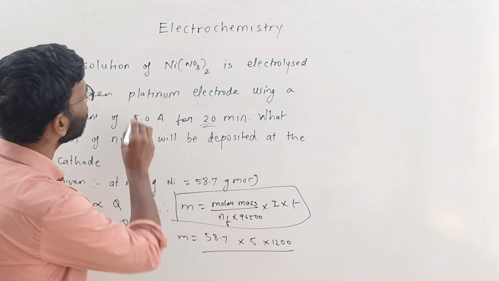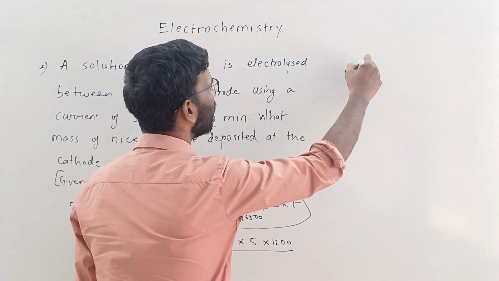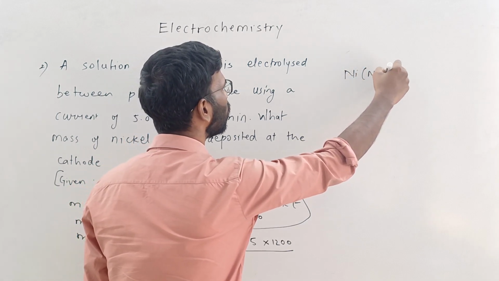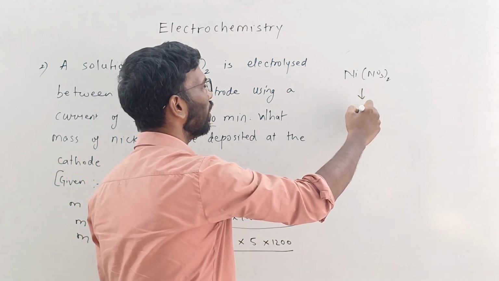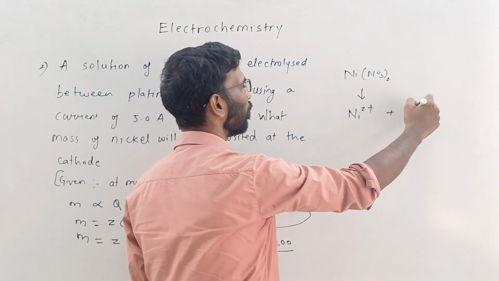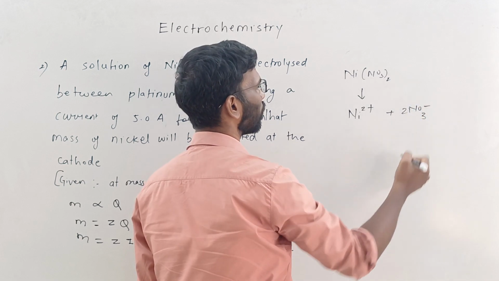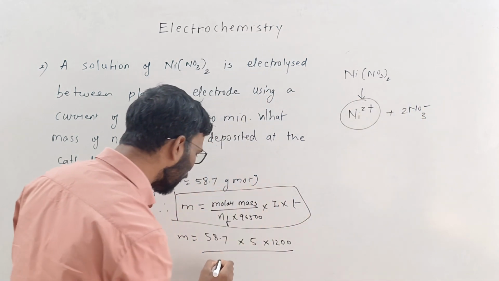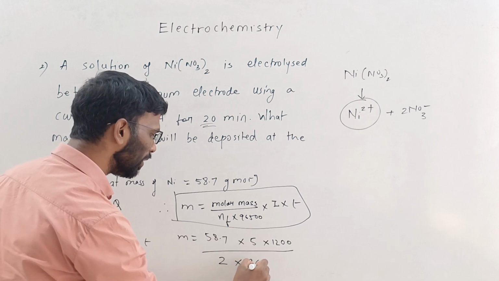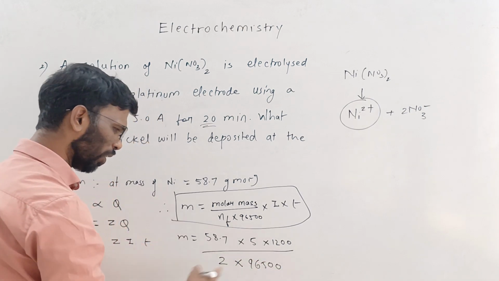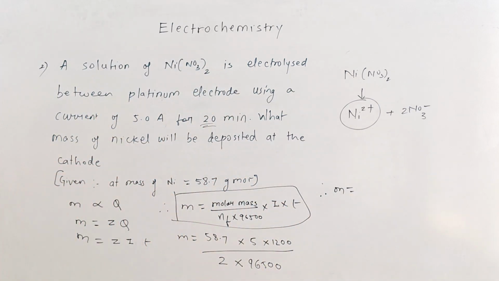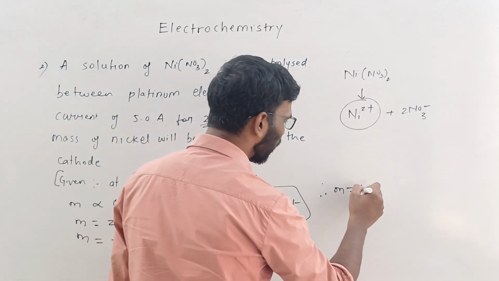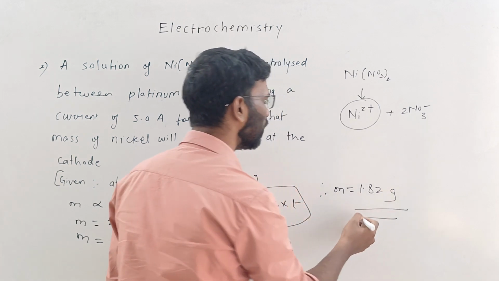N factor for nickel nitrate: see, nickel is in what oxidation state? For salts, N factor is equal to the oxidation state. Over here, nickel is in +2 oxidation state, so N factor over here is 2, and 96500. If you solve this, the mass that you are going to get is 1.82 gram. And this is the final answer.